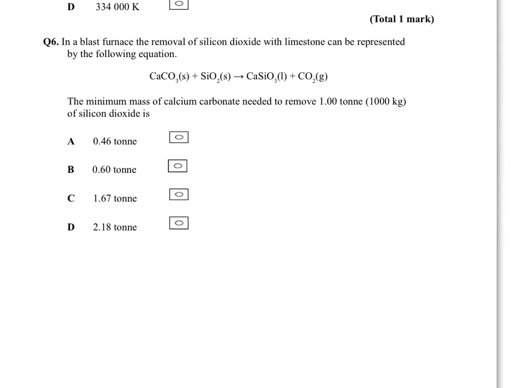In a blast furnace, the removal of silicon dioxide with limestone can be represented by the following equation. The minimum mass of calcium carbonate needed to remove 1 tonne, which is 1000 kilograms of silicon dioxide, is. So we're going to work out how many moles of silicon dioxide we've got to start with.